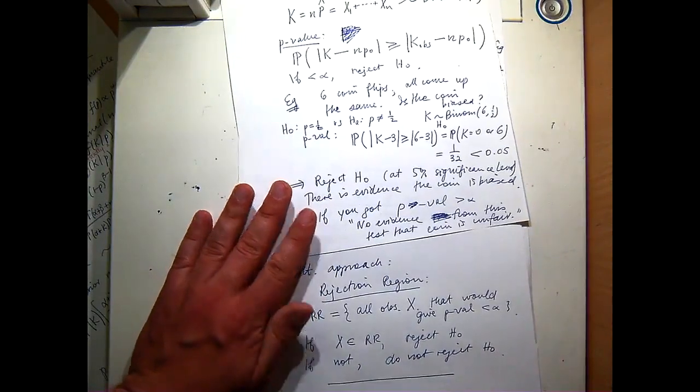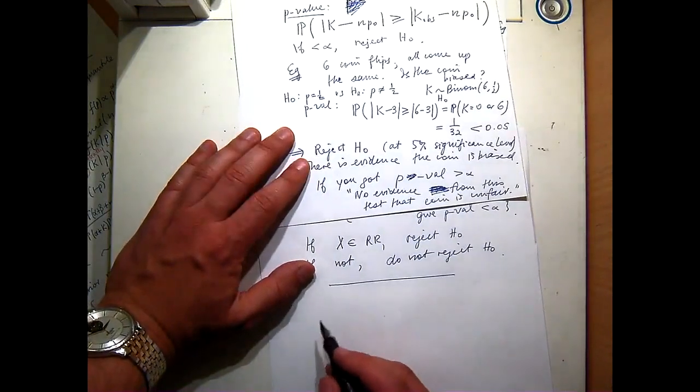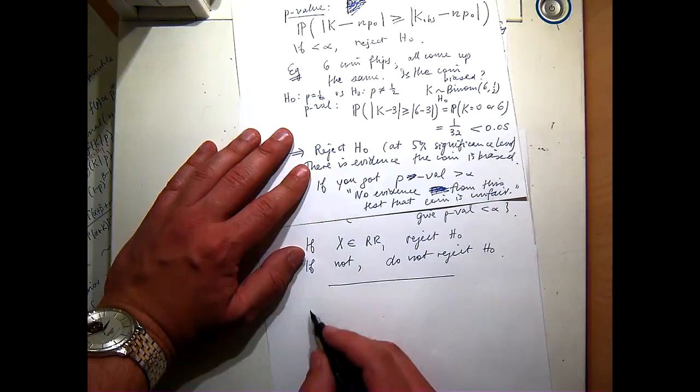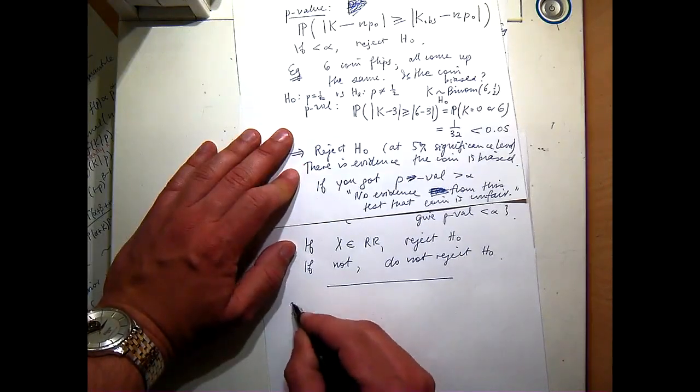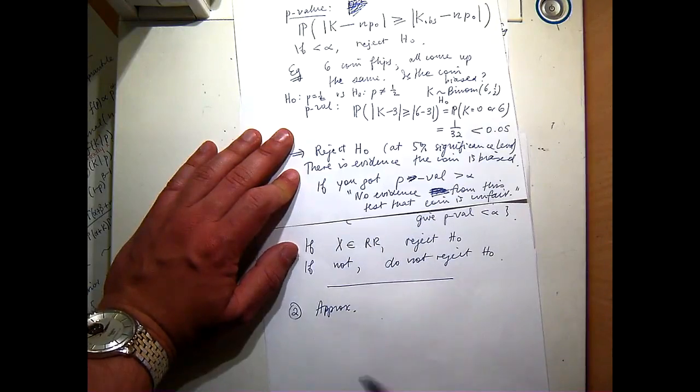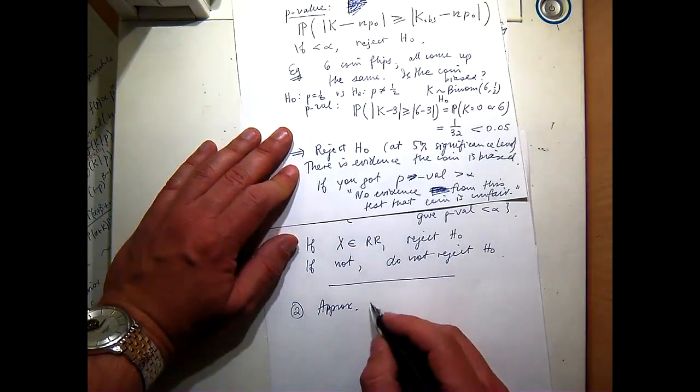Okay, so let's talk about the approximate test. The exact one is not very important because you can't do it without a binomial table or without something to calculate the binomial probabilities.